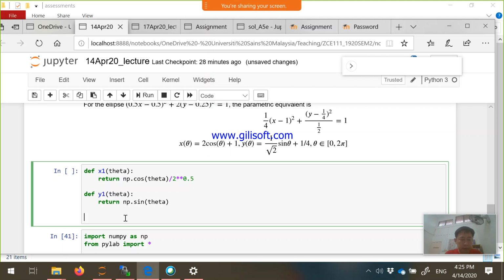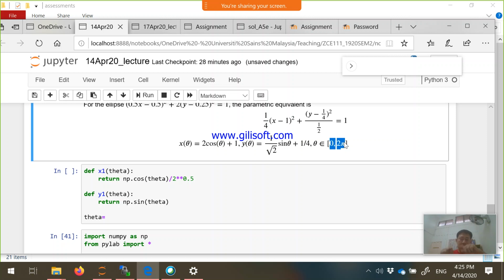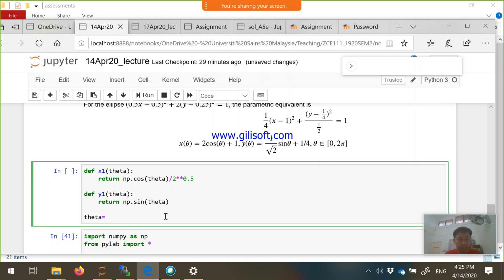So now let me define the theta. Theta is to be defined as a variable that is going to change from 0 to 2 pi, and we're going to generate many theta points, say 1 degree, 2 degree, 3 degree, 4 degree, 5 degree, up to n degree. So how many theta points do you want?